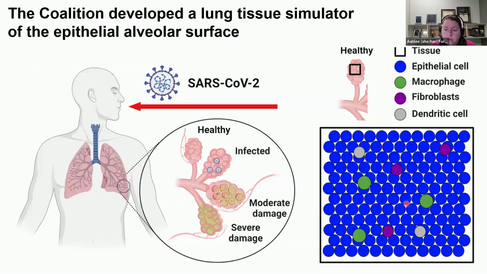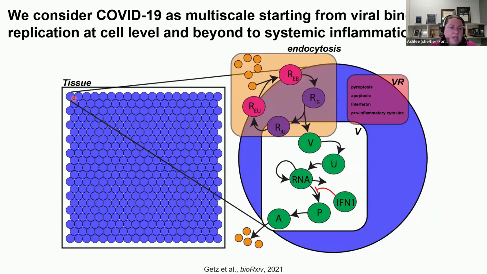So this is very much a multi-scale problem. We're thinking about these very small viruses within this host tissue, and inside of a single cell, we are thinking about the dynamics of virus replication. Here the orange circles represent virions, the viral particles that can get into the cell through a series of dynamic processes represented by differential equations.